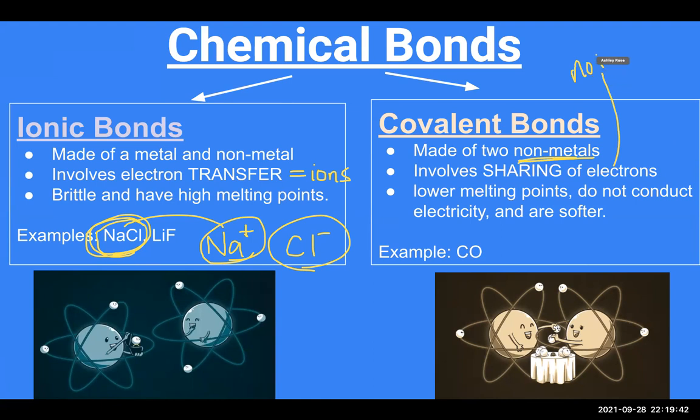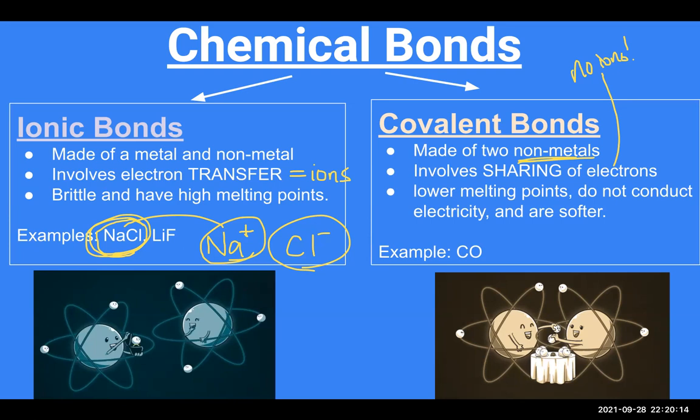No ions. So no charges when they're sharing. And you could have single bonds, double bonds, or triple bonds in this case as well. You also saw on that handout on Monday that with these covalent bonds, nitrogen and oxygen can come together in a variety of ways because they're not ions, which is different from ionic bonds.